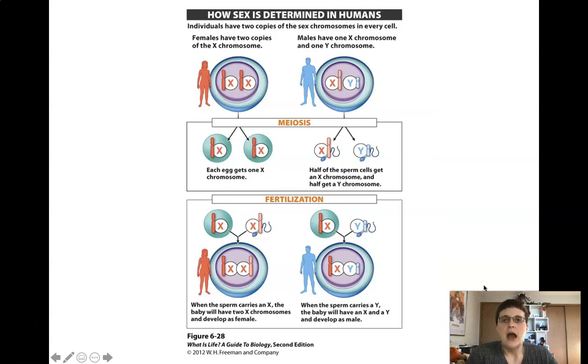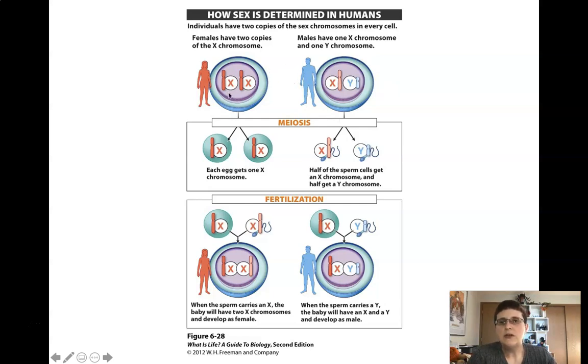So how does sex determination work as far as genetics go? XX for female, so two X chromosomes for female. We'll talk about some variations, or different ways that can occur when the division of chromosomes goes wrong, but that's the normal version. And then XY for males.